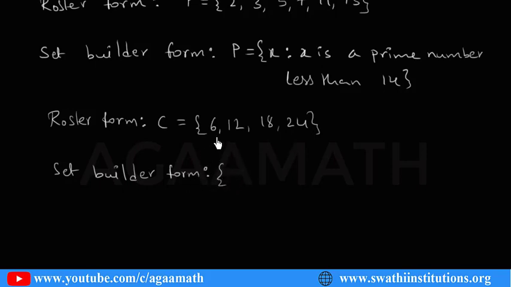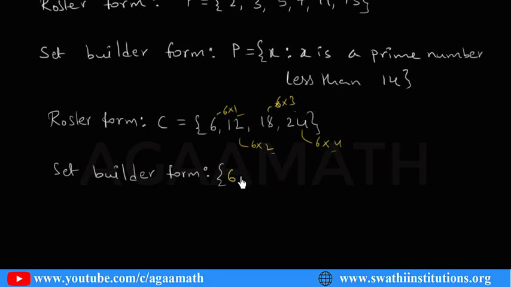So this can be written as, as we learned before, 6 into 1, 6 into 2, 6 into 3, 6 into 4. Here 6 is a constant which is not changing. The change is happening like 1, 2, 3, 4, and so on. So 6 is constant, and in place of 1 it changes like 1, 2, 3, 4.